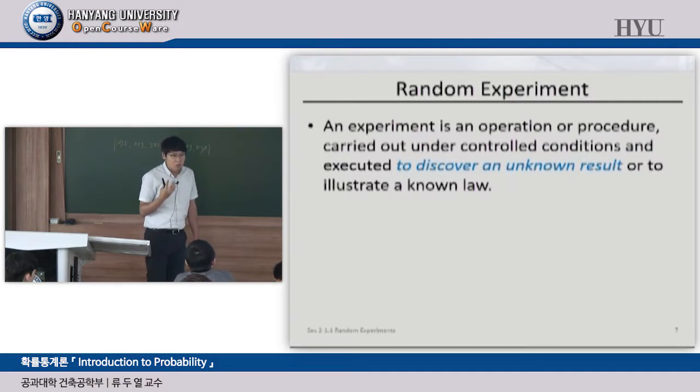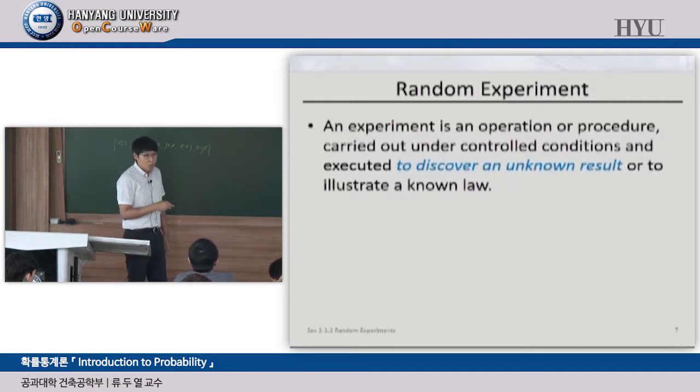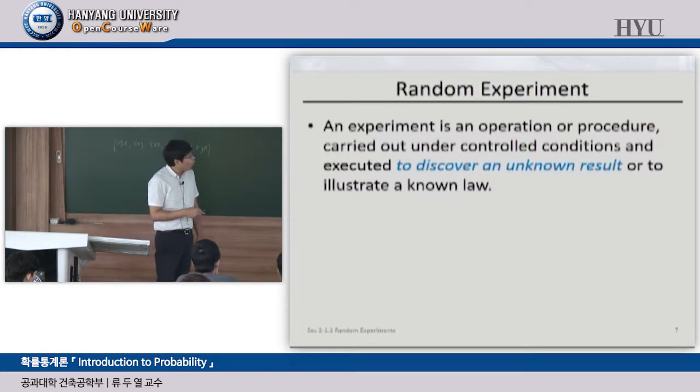For example, if we knew the result, we wouldn't have to do the experiment because we could simply predict the result. So in most cases, we cannot predict the conclusions before performing the experiment, so we put the word random in front of the experiment because we don't know the conclusions.